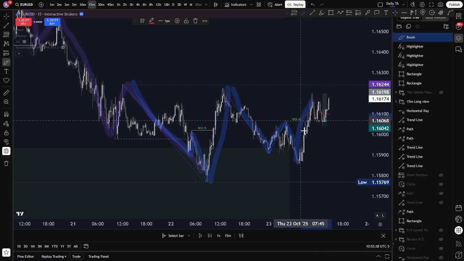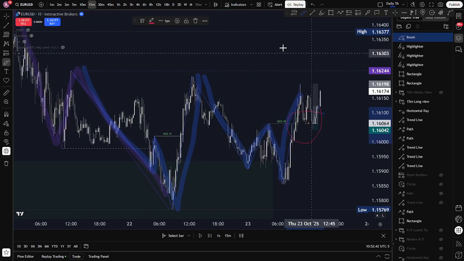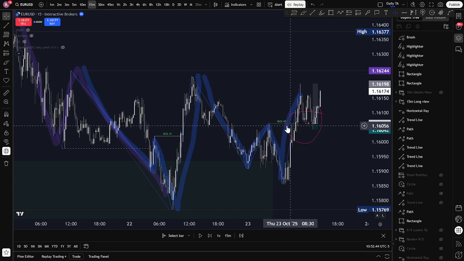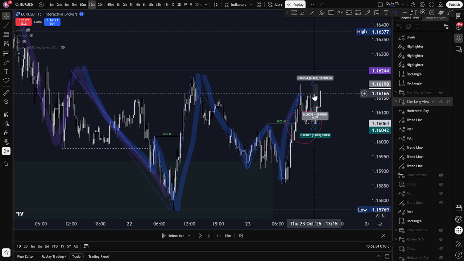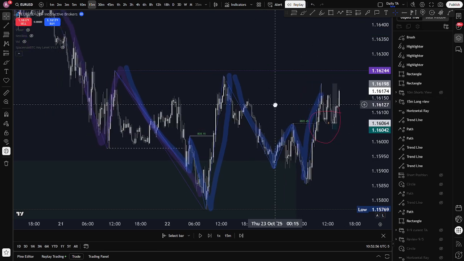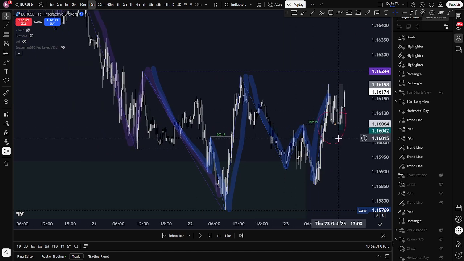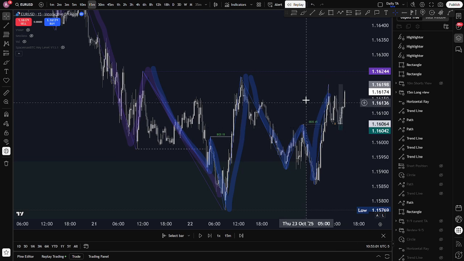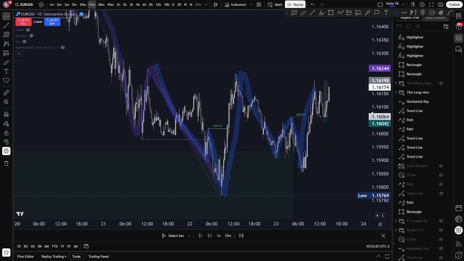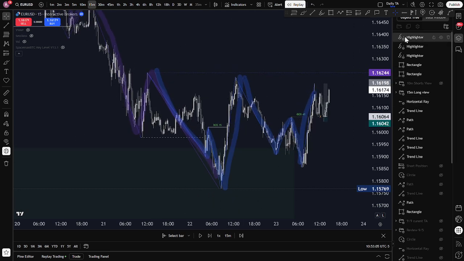So for example, a long in here, maybe price coming back into this 45-minute demand zone somewhere and forming a long. We don't have to get too specific on this specific trade, but more so just the general concept here, because there's two ways I could look at this. I could look at it from this long standpoint.